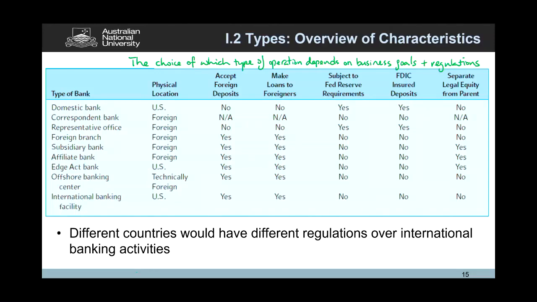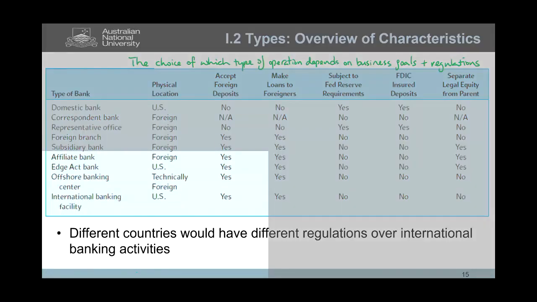So there is a little bit of leeway in that case, but other than that, most foreign branches are subject to the regulatory requirements of both the home country and the host country.